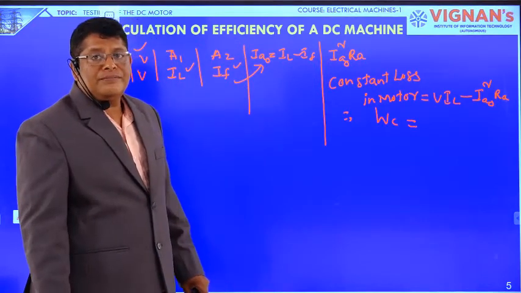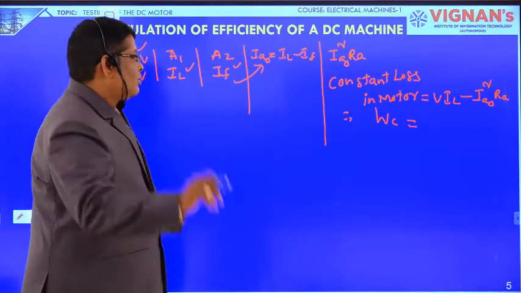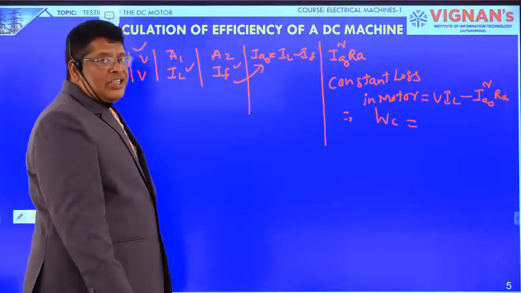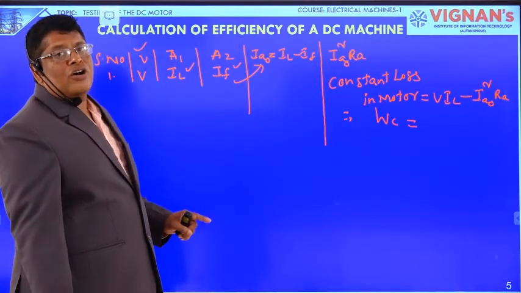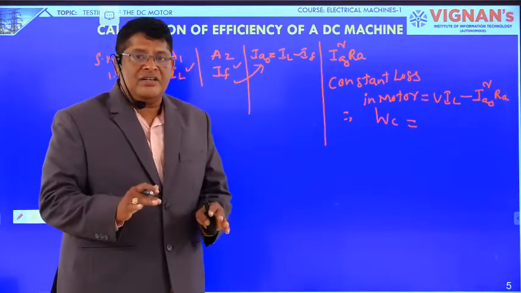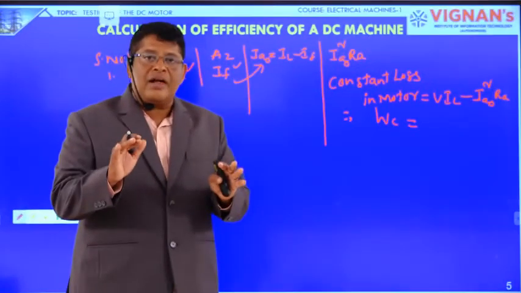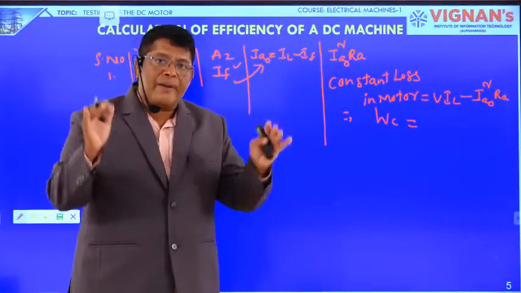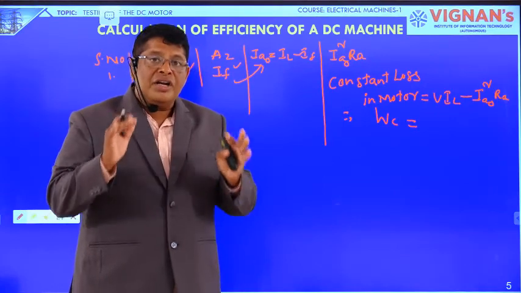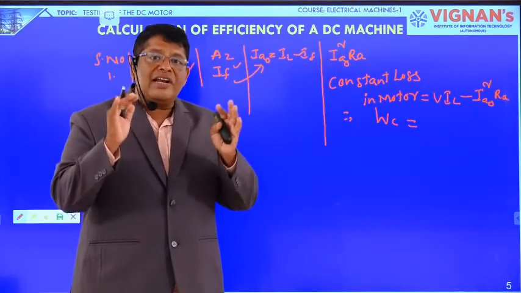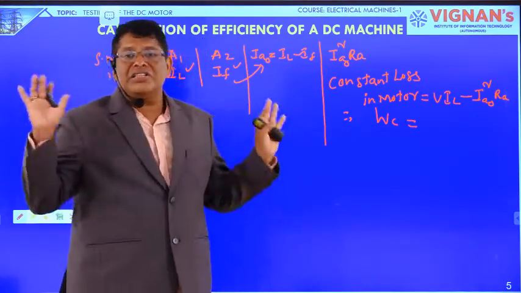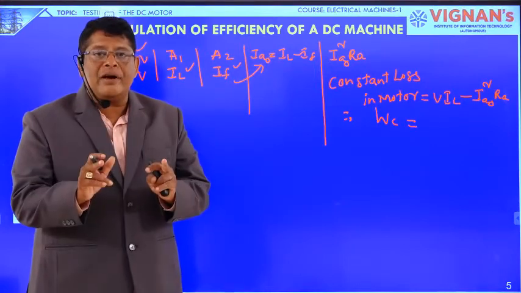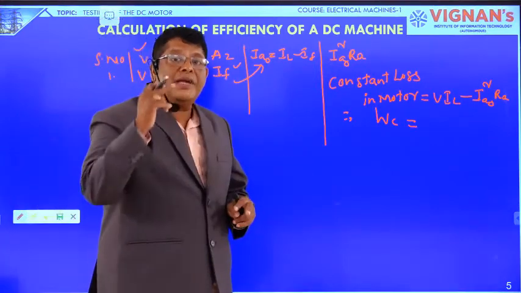These losses are constant in a machine. They do not depend upon how much mechanical load we apply on the motor, or how much electrical load we apply on the DC generator. They depend only upon the speed at which the motor is rotating.